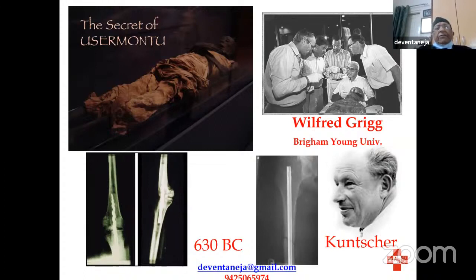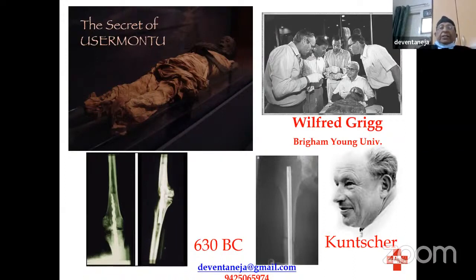The secret of User Montu is a very famous thing. It is written about in many ways. This gentleman, Wilford Griggs, from Brigham Young University, x-rayed the whole mummy and found a metallic rod going through and through the knee joint.